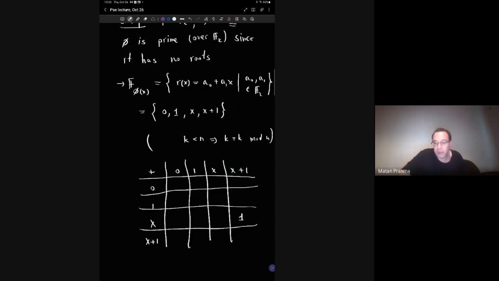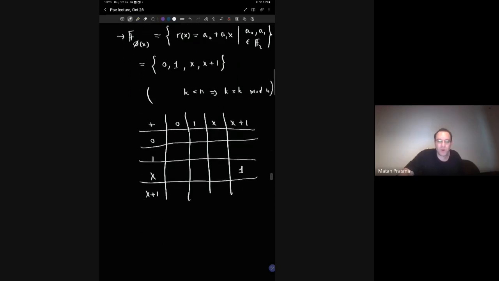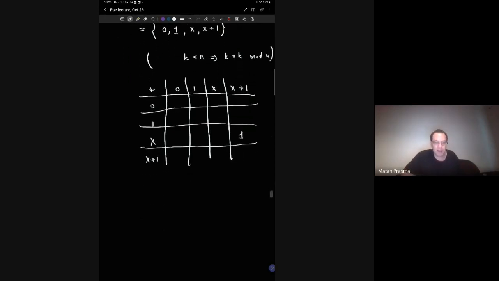The multiplication table is a bit more interesting. I don't want to write all the multiplication table, but note that if you take x squared, then it is equal to minus x plus 1 modulo phi, because I remind you that phi is x squared plus x plus 1.